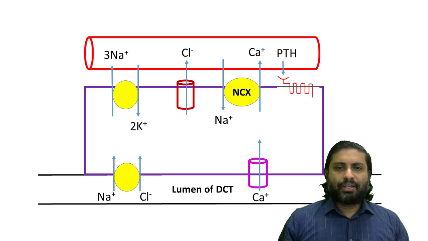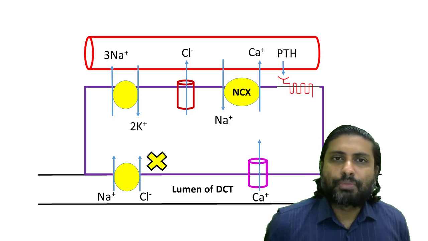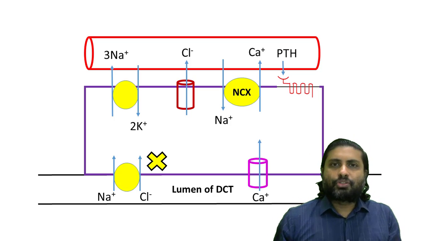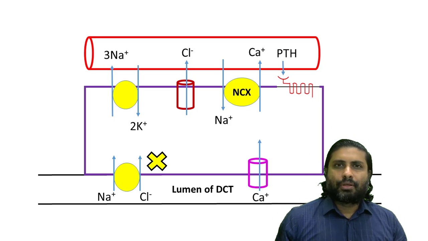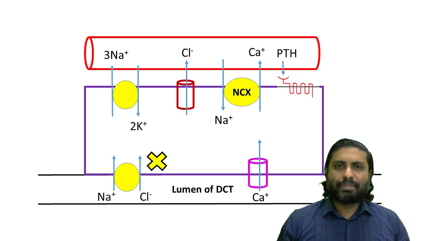Now, what would happen if we were to block the sodium chloride symporter? If we were to block the sodium chloride symporter, sodium fails to enter the cell. But this is not going to prevent the sodium-potassium ATPase pump from working. It will continue to throw sodium out of the cell, and this would result in a fall in the intracellular levels of sodium. To compensate for this, the sodium-calcium exchanger will undergo upregulation.